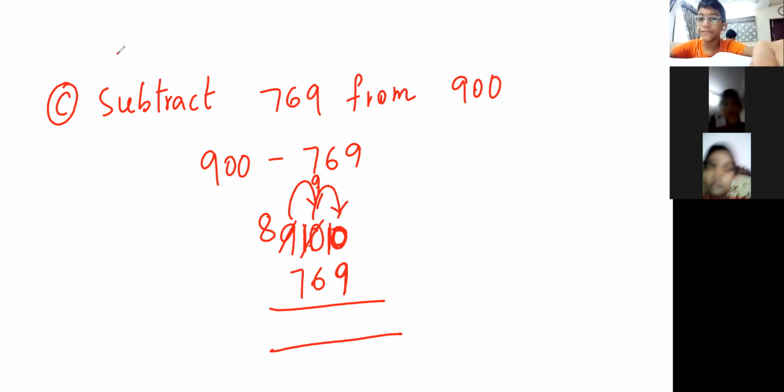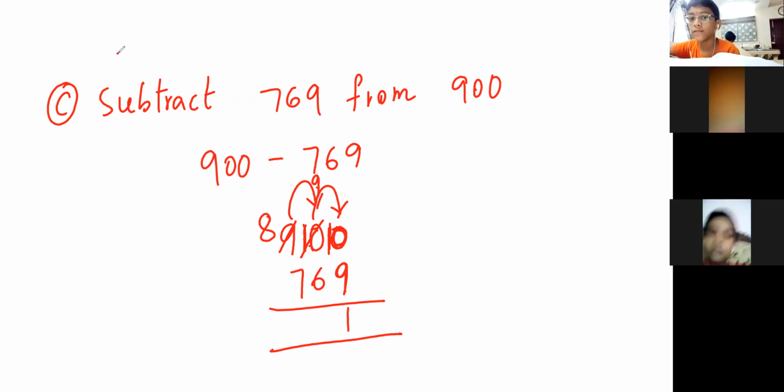Now let us start subtracting. Start from ones place onwards. 10 minus 9 is how much? It's 1, right? Coming to tens place, it's 9 minus 6. 9 minus 6 is how much? Yes, it's 3, right children? It's 3. Very good.